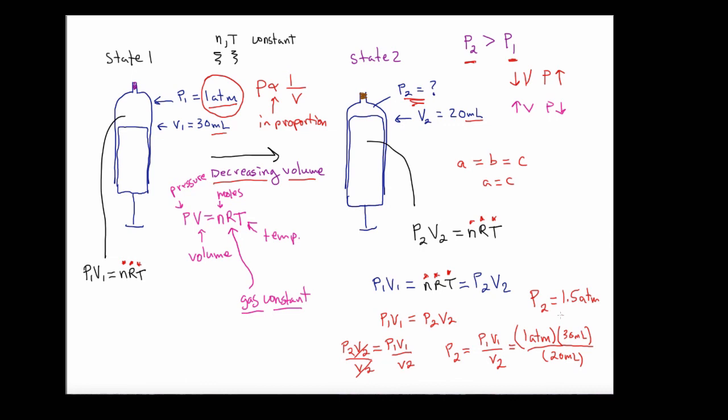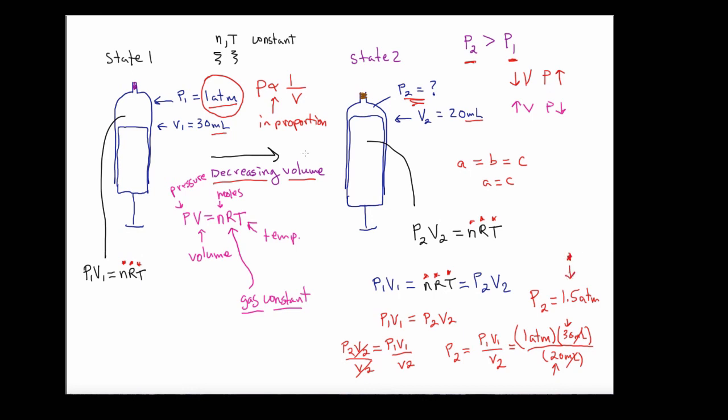Now, before I go ahead and close the video, there's one other thing I want to point out here. If you look at the ratio of the two volumes here, you can see the milliliters canceled out, so we solve for atmospheres, and essentially we're multiplying the pressure times 3/2, which gives us 1.5 atmospheres.